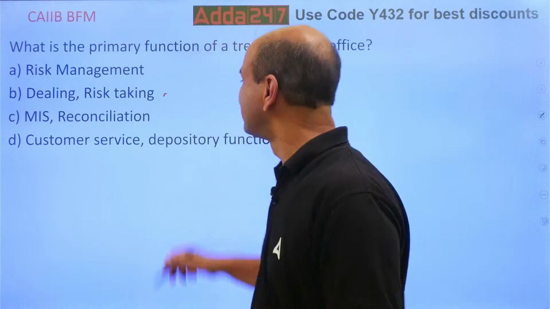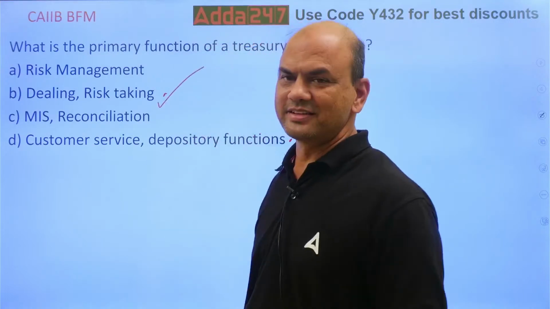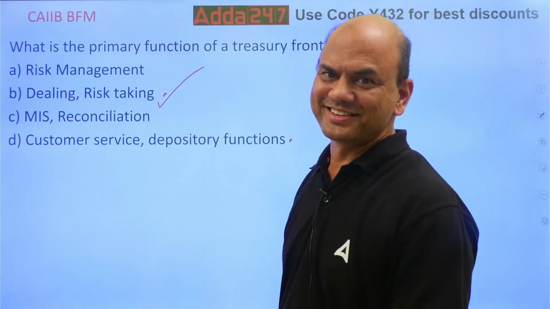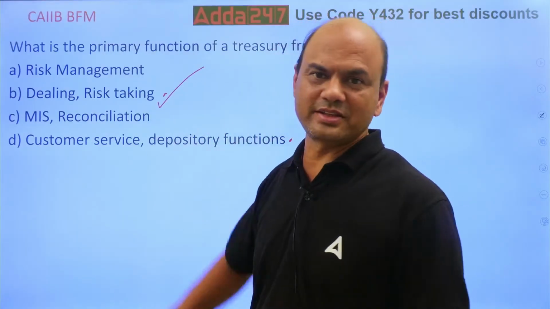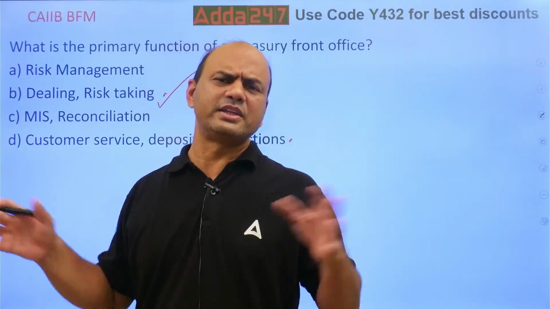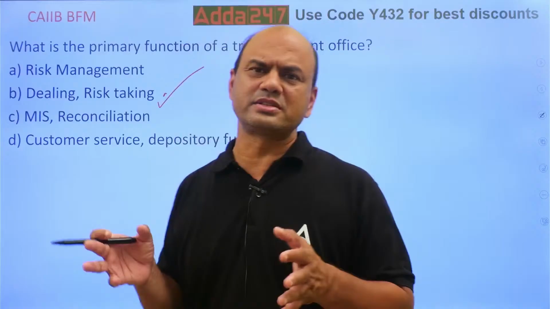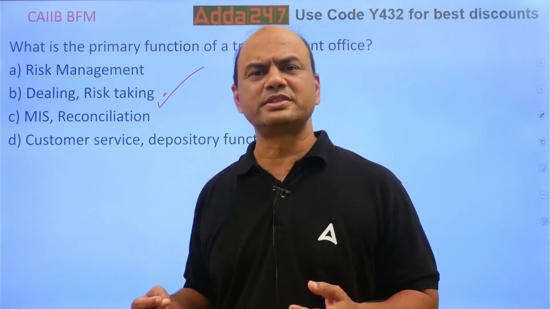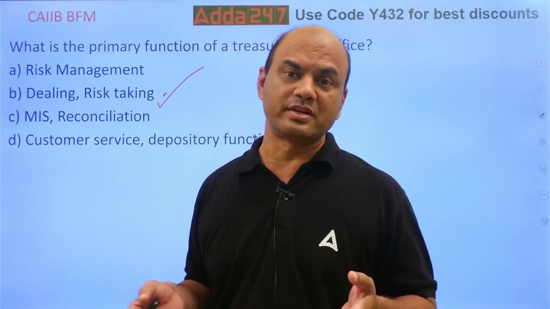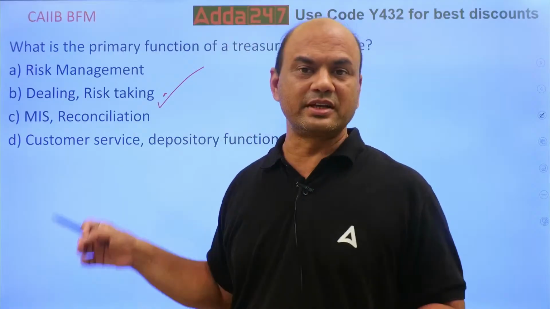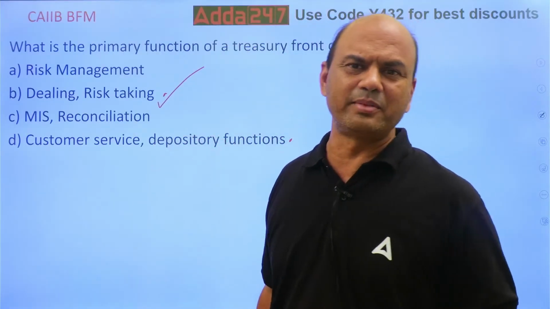It is customer service, which is not given to the dealers. See, front office employees are called dealers. They are so engrossed and bothered by their daily work, buying and selling of bonds, that they hardly get any time for customer service and depository, meaning demat accounts, demat functions.